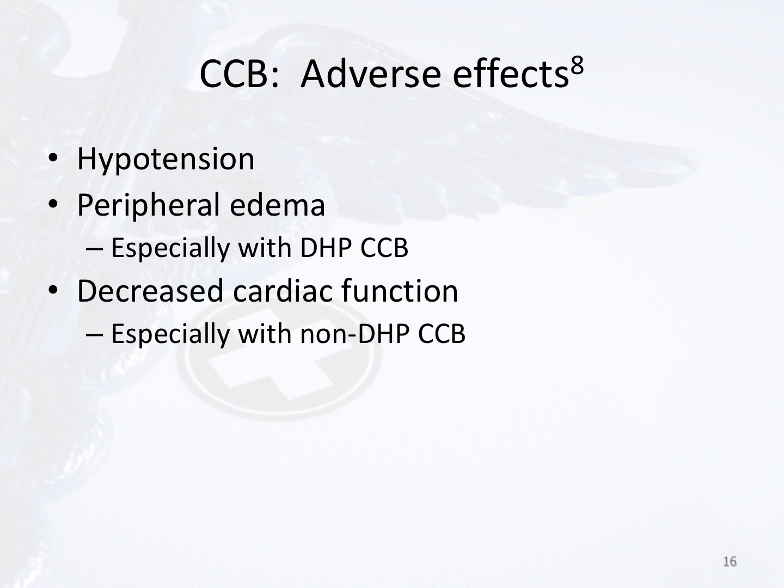Like all antihypertensives, hypotension, especially orthostatic hypotension, is the primary adverse effect of calcium channel blockers. In addition, 20 to 30% of patients reported developing lower extremity edema, especially with the DHP calcium channel blockers. In addition, diltiazem can often decrease cardiac function. Sometimes this is intended, and other times this can be an adverse effect.